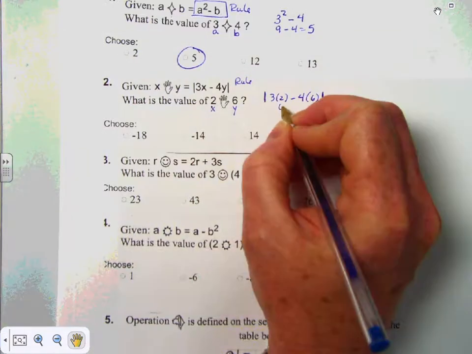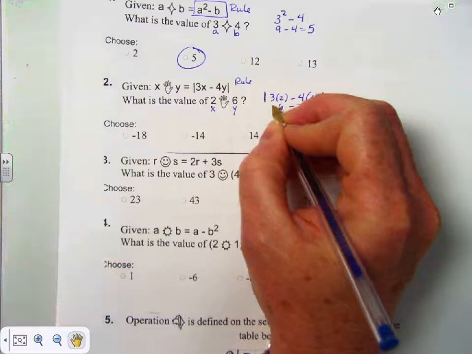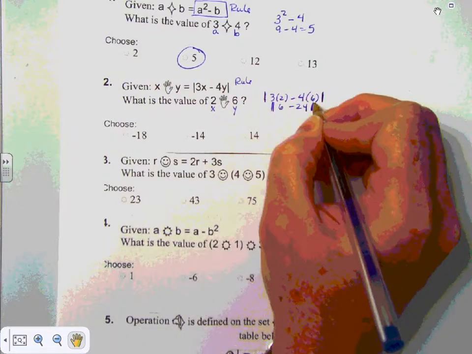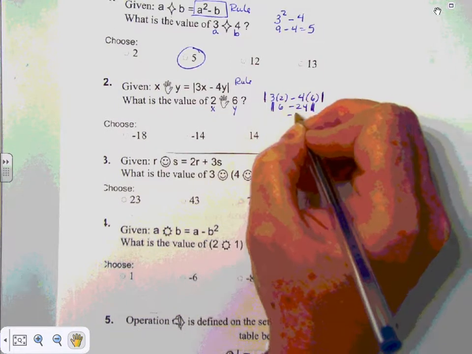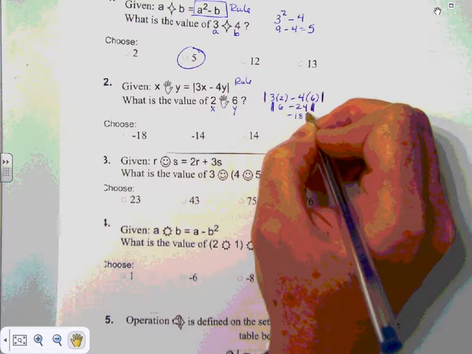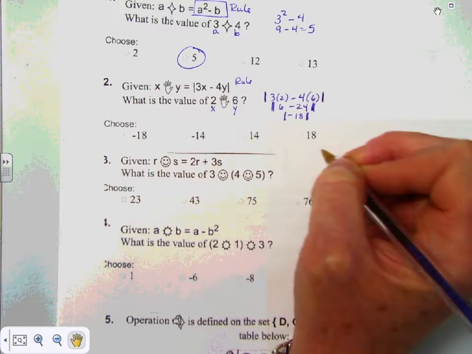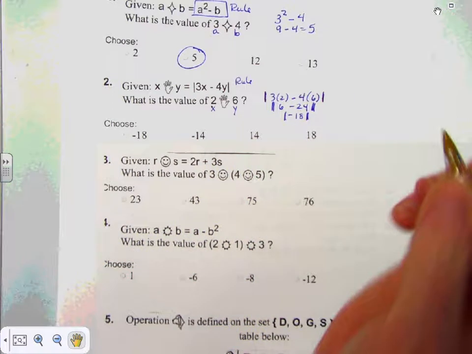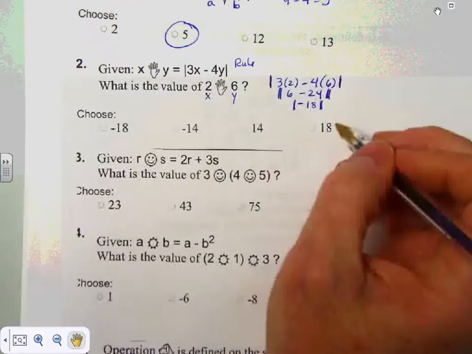So I have 6 minus 24, but it's the absolute value of that. So that's a negative 18. And what is the absolute value of a negative 18? Positive 18. Good answer.